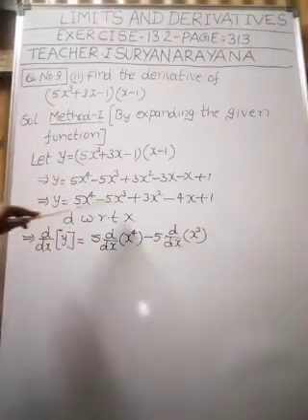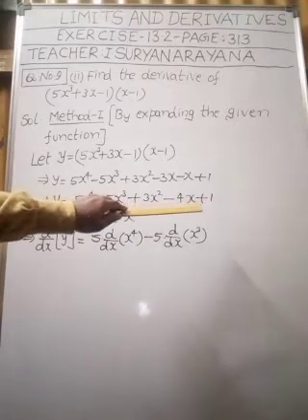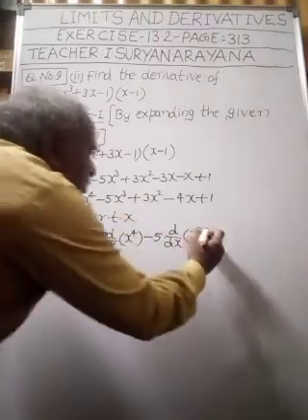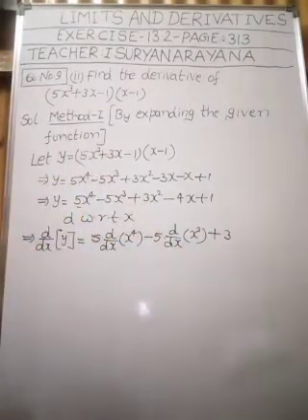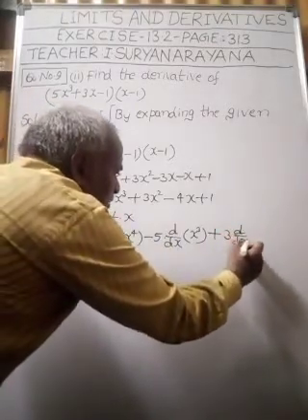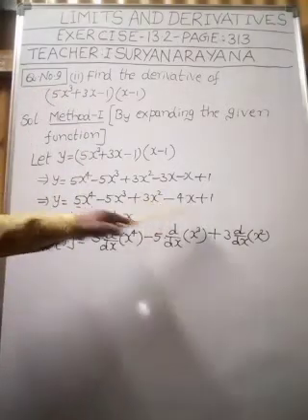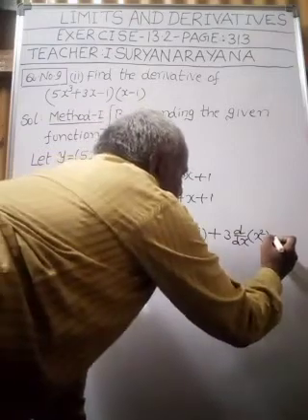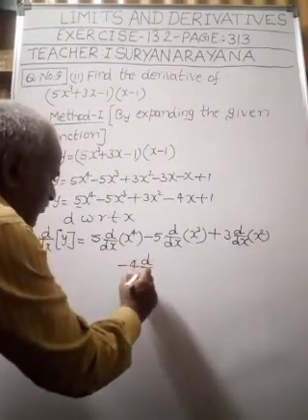Okay, my children, I am writing directly the derivatives of each and every term. Understood? Right. Plus 3 into, in this term plus 3 is a numerical coefficient. So plus 3 into d by dx of x square. Understood this term. Minus 4x, so minus 4 into d by dx of x.